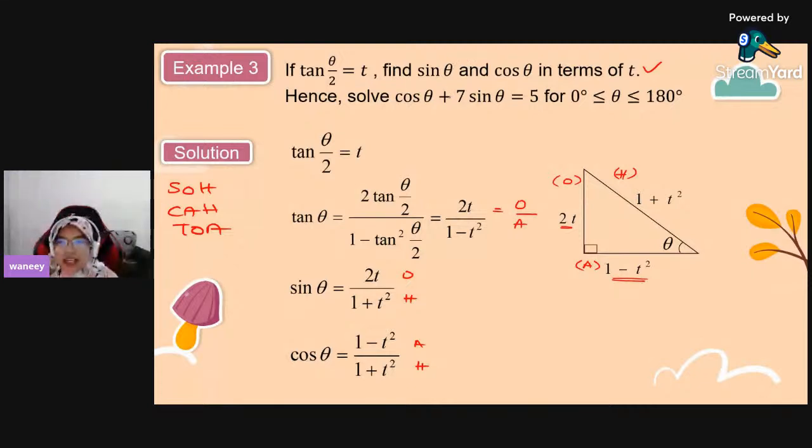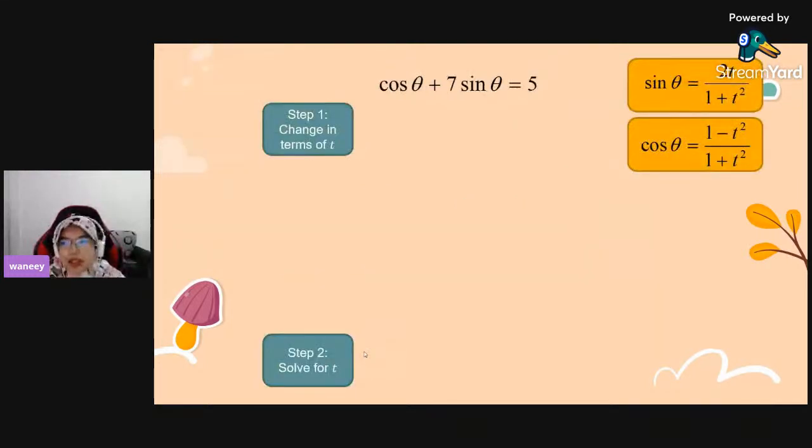So how can you solve them? Firstly, we copy down the sin and the cos in terms of t, and then we are going to substitute them in. The question is cos theta plus 7 sin theta equal to 5.